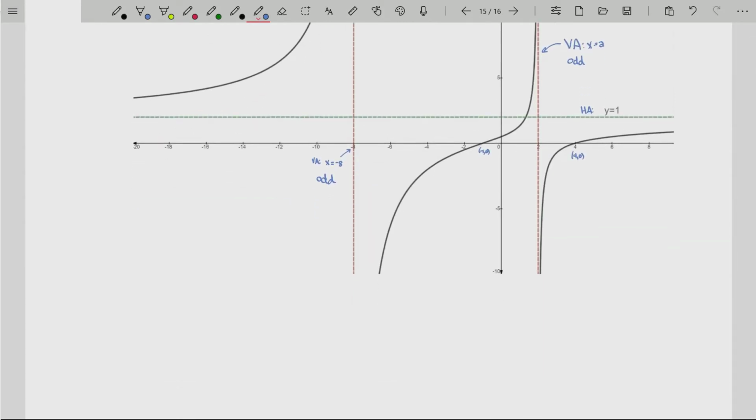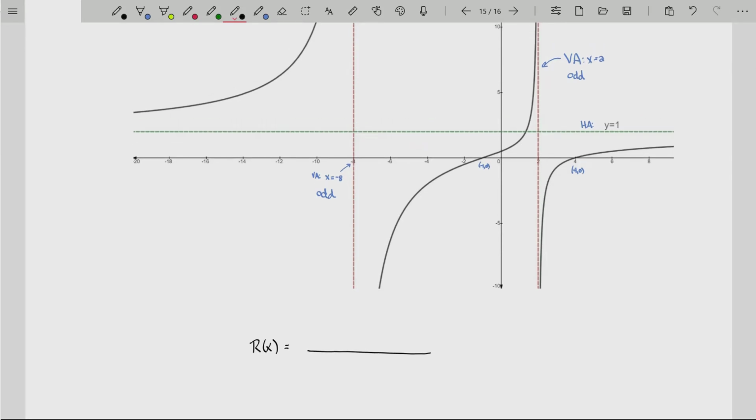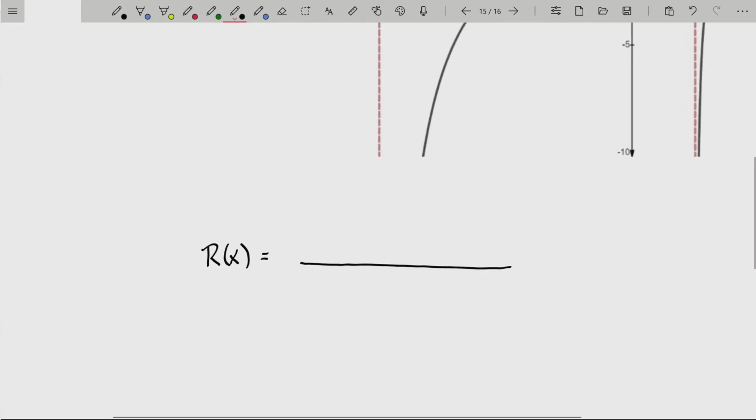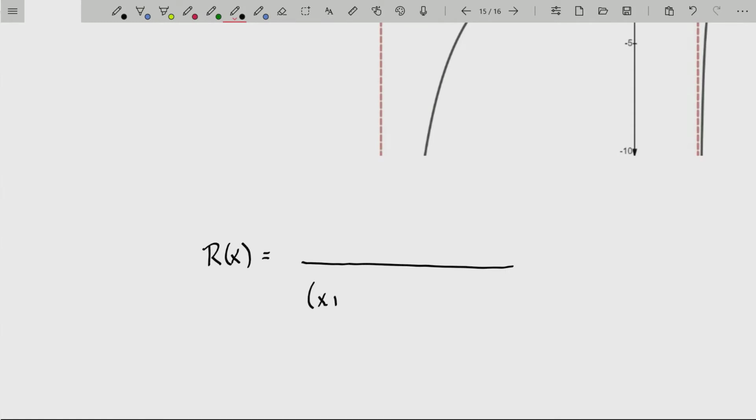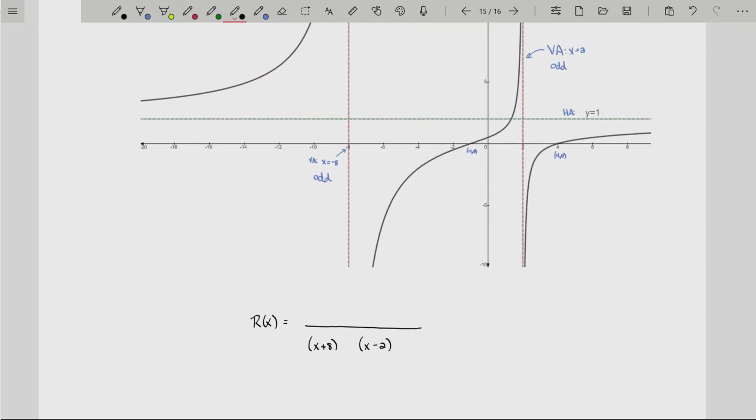So let's think about what your rational function could be. R of x. Remember, your denominator is defined by your vertical asymptotes. And you have one at 2 and at -8. So x plus 8 and x minus 2 must be factors in your denominator.